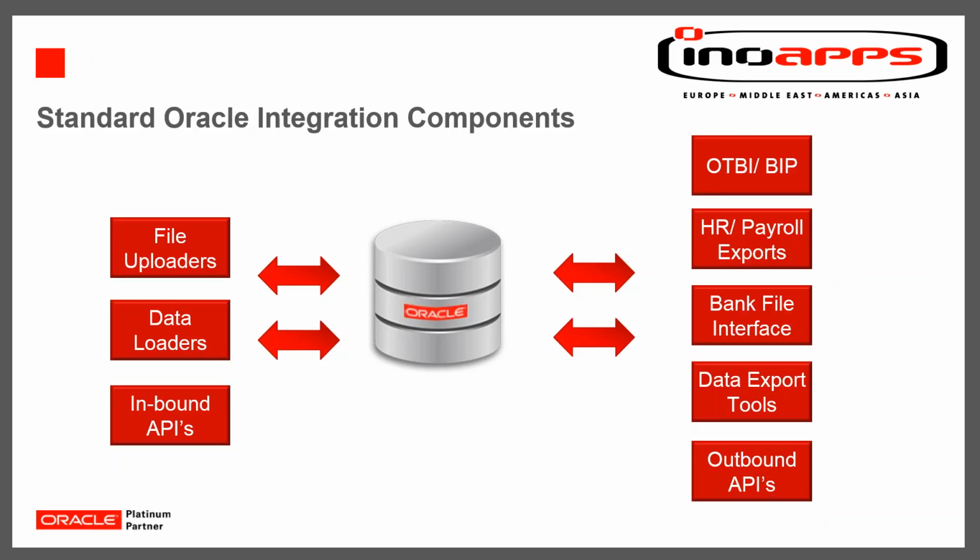So there are lots of ways for users to get data into the system via Excel uploads, file-based uploads, those sorts of approaches. It's a really neat and efficient way of getting data in on an ad hoc basis. There's also, very similar in the E-Business world, a whole series of inbound APIs.